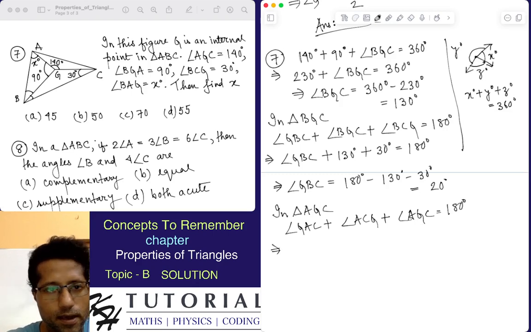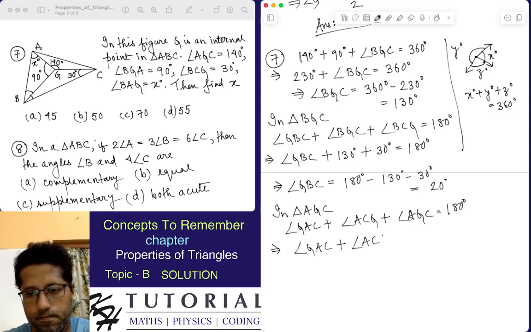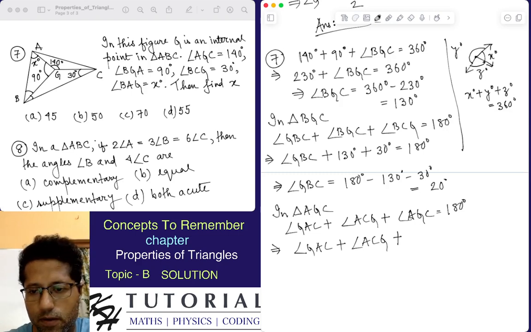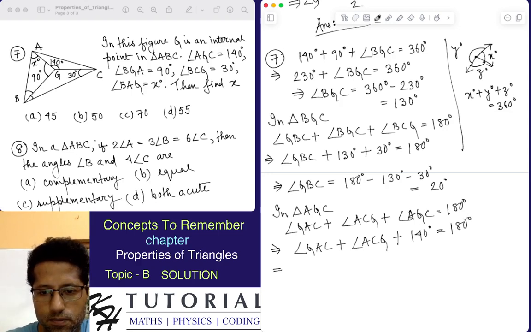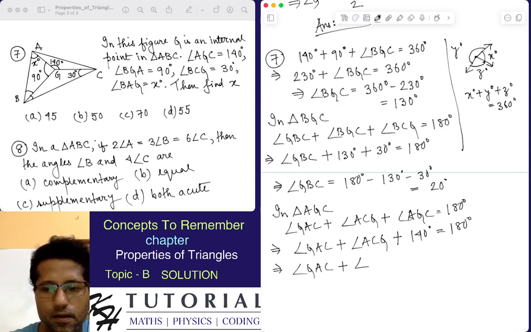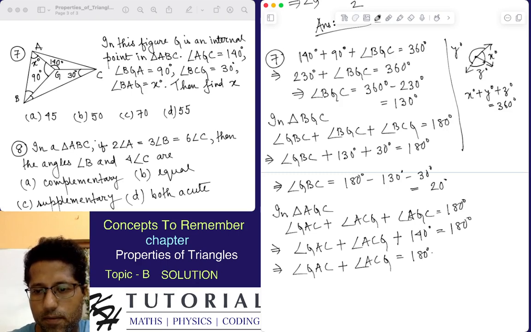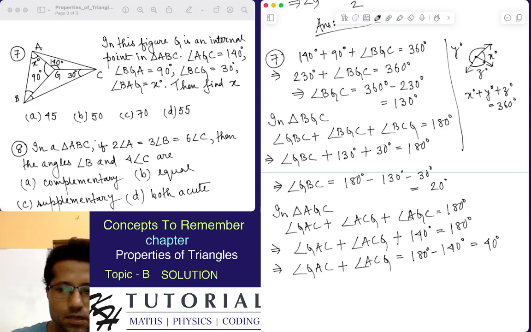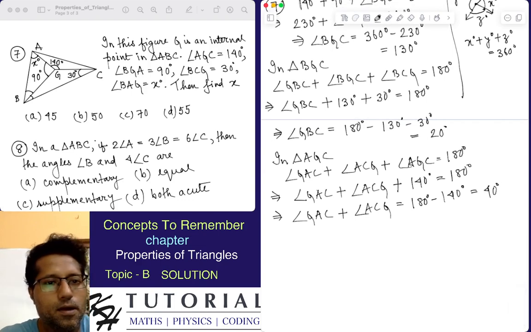This implies angle GAC we don't know yet, plus angle ACG we don't know, let it be, but angle AGC we know it is given to be 140 degree. This is equal to 180 degree. So this implies angle GAC plus angle ACG is equal to 180 degree minus 140 degree, which is equal to 40 degree. This we will need.